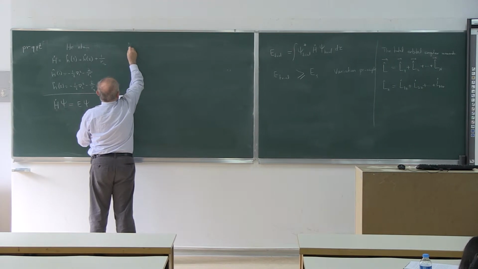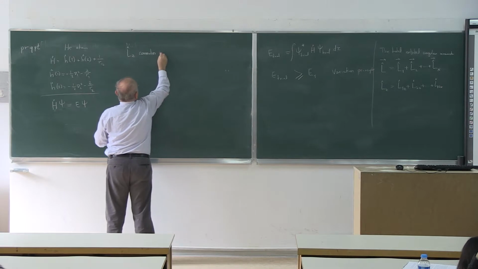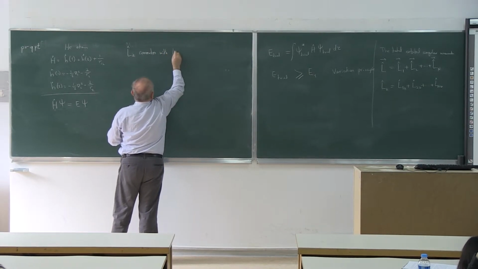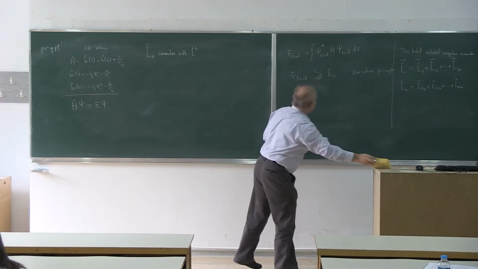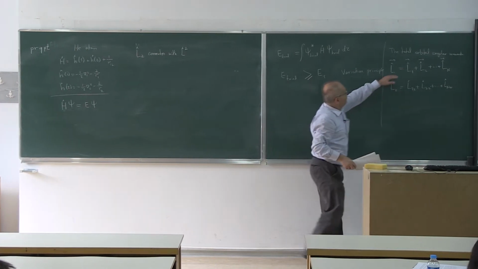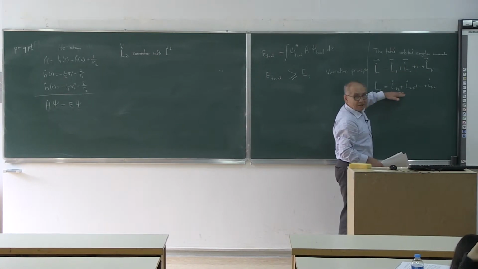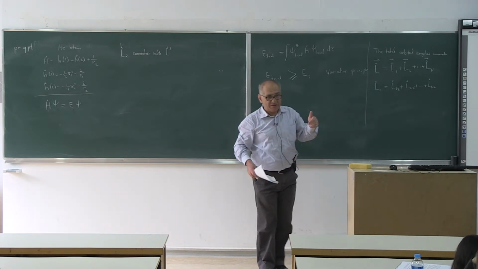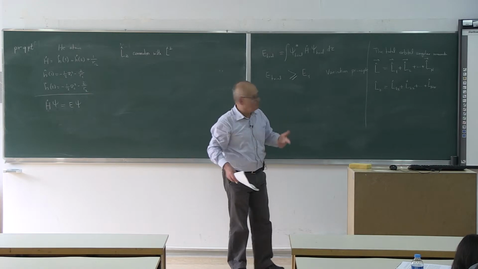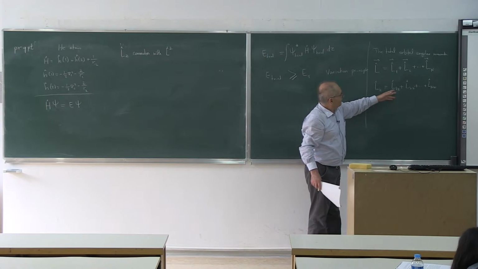Let us write this. Lz commutes with L square. Remember, L square is this sum, and Lz is also the lower sum here. So it is not just for a single electron, but for n electrons. In fact, how many variables are contained in these expressions?